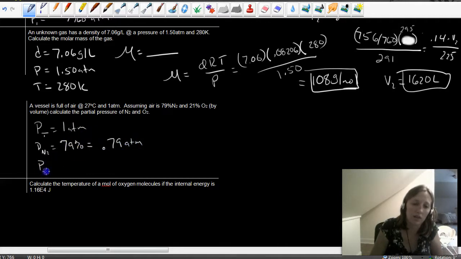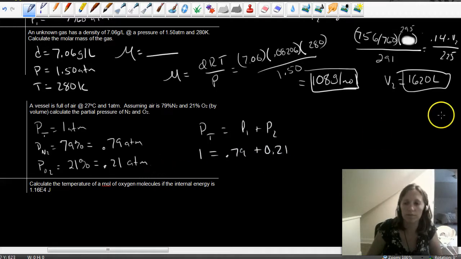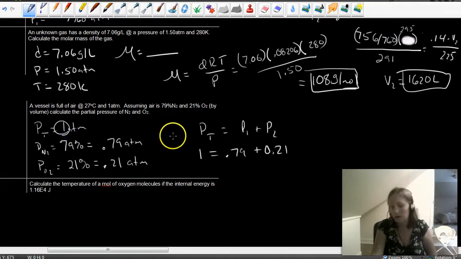And P of oxygen is contributing 21% of the pressure because it's 21% of the mixture. So that's going to be out of 1 atmosphere, the remainder, 0.21 atmospheres. Because what you've got is PT equals P1 plus P2. And so that's going to be 1 equals 0.79 plus 0.21. Woo! That one was pretty easy because this number was 1. Normally you would have to do something in your calculator.